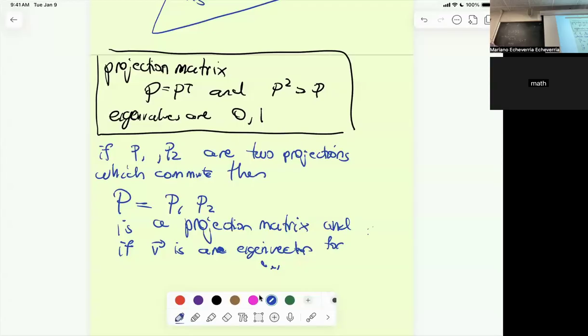Yeah. But all of this needs the condition that they commute, because otherwise the formula doesn't hold.